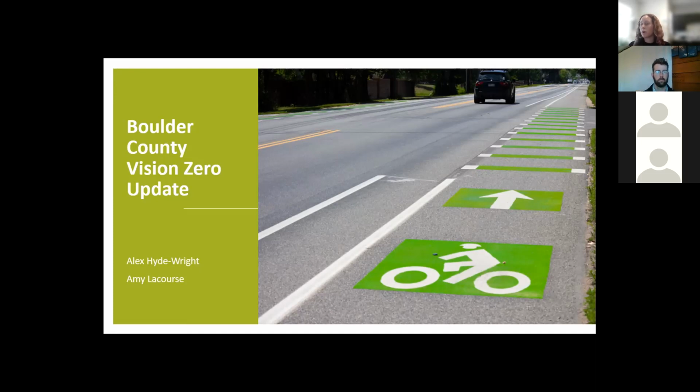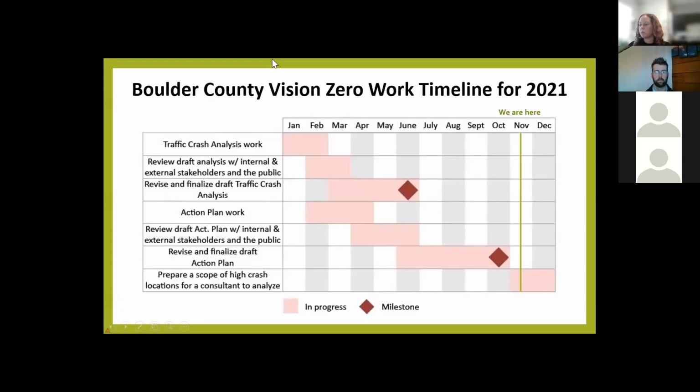We'll discuss where we're at with the development of the plan and next steps for the rest of the year and early 2022. So for a quick overview of the timeline for this work, first, there was a good amount of work done to develop the crash analysis. This included cleaning our crash data set from CDOT to ensure that we started with an accurate data set.